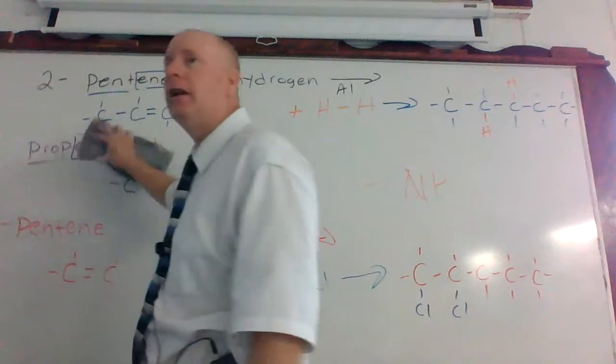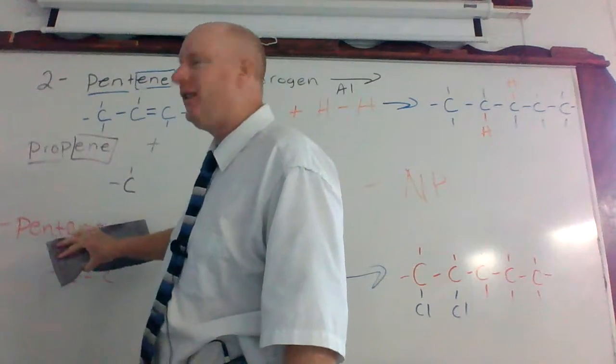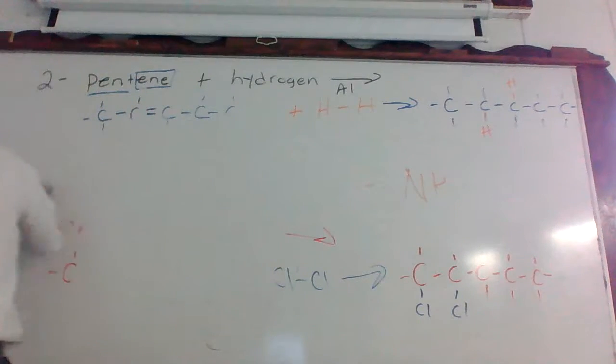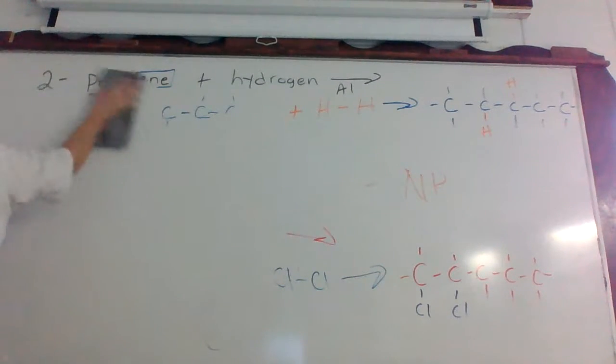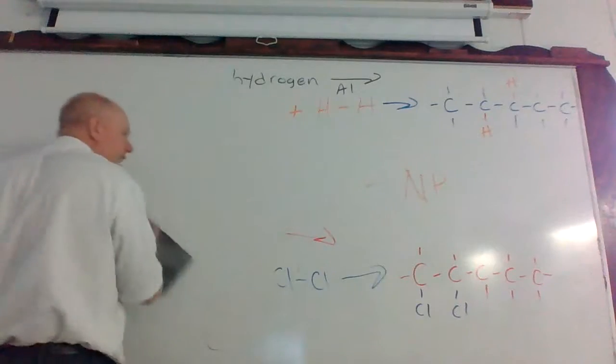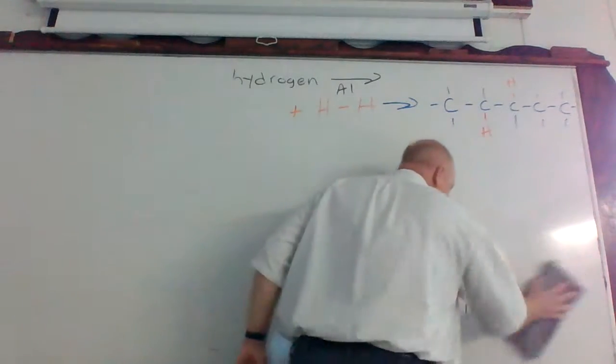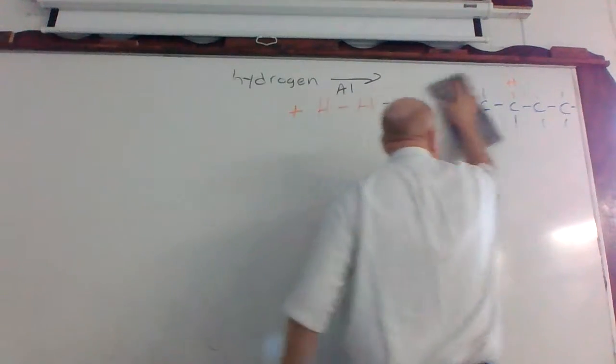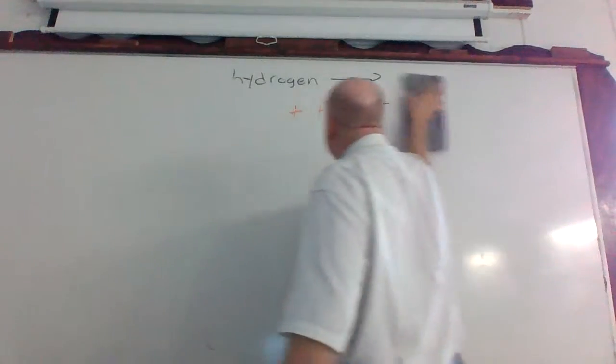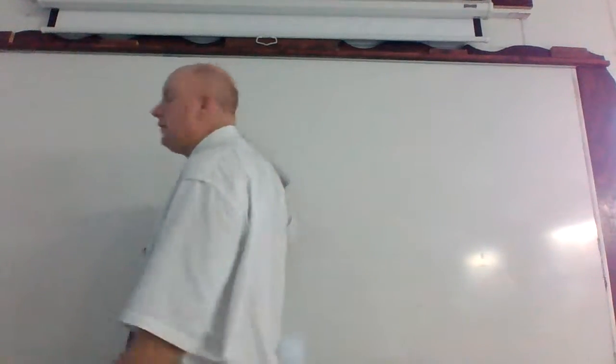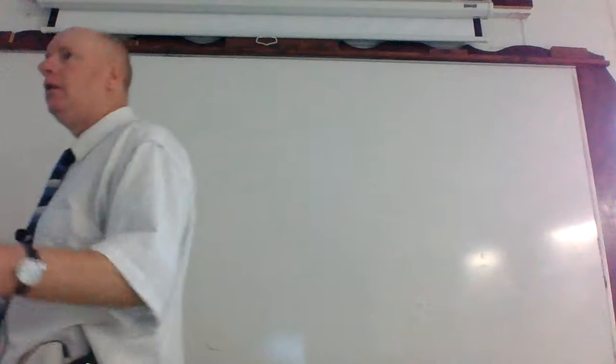Oh, I'm sorry, can I erase this? With that is when it comes to our reagents, and what I mean by that is this. If something has symmetry, we as humans have bilateral symmetry. What does that mean?